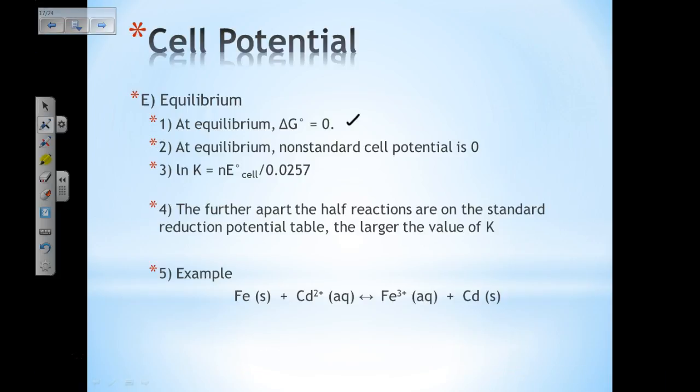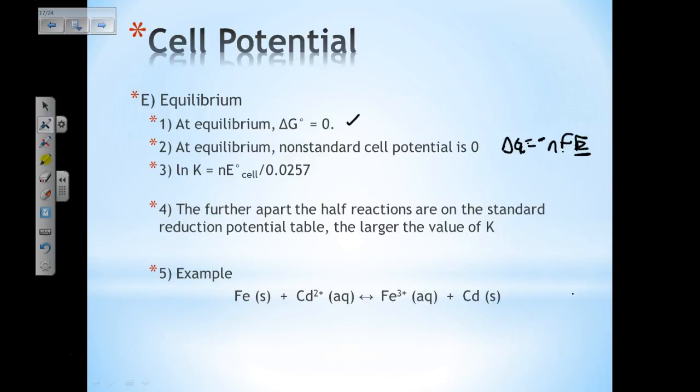Remember, delta G equals negative nFE. Because delta G is 0, the non-standard cell potential, just the E, is going to be 0, because n has to be a number, F has to be a number, so E has to be 0.